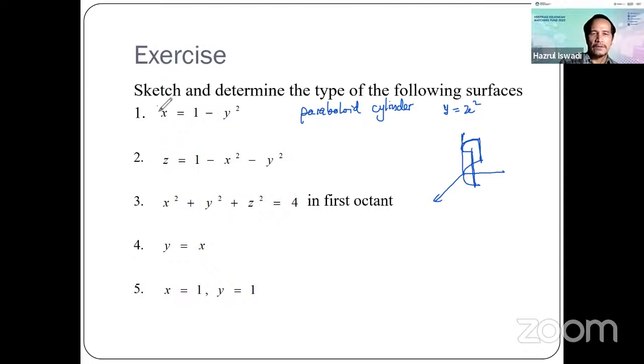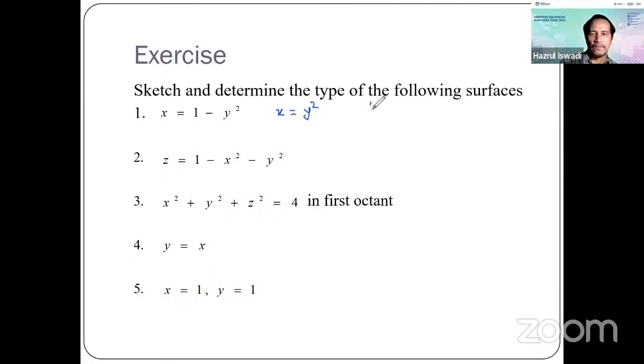If we should draw this equation, we must draw x is equal to y square first.